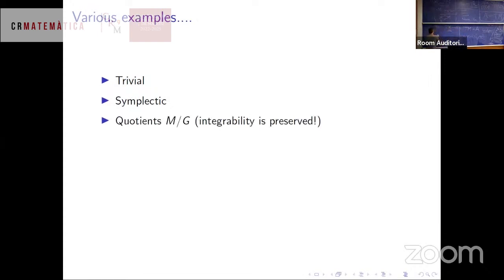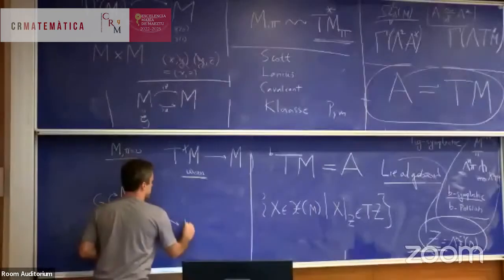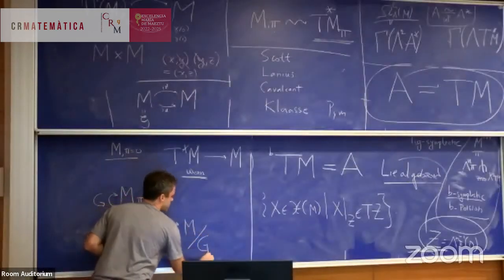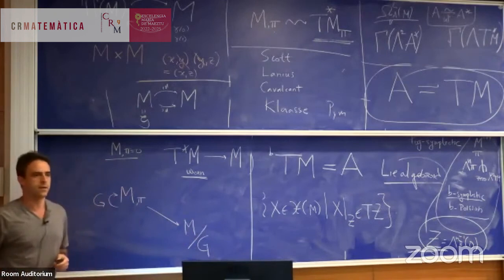Whenever you have a Poisson manifold which is acted on by a Lie group in a nice way, preserving the Poisson structure, you saw that this has a quotient Poisson bracket.